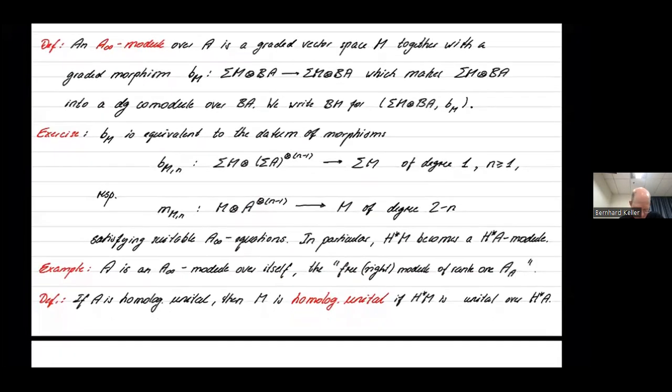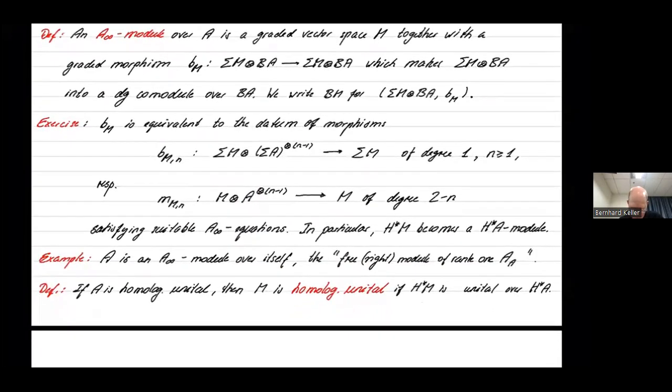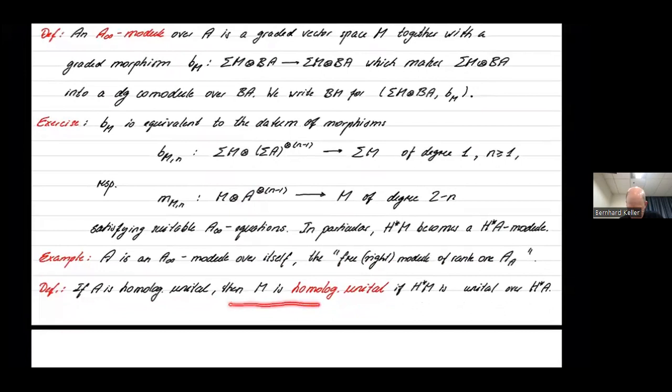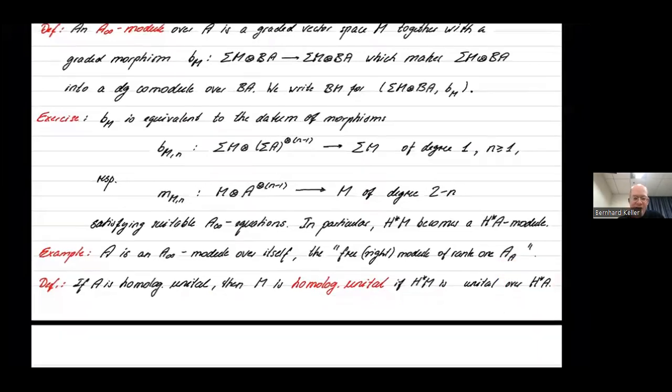And then if A is homologically unital, then we can define M to be homologically unital if its homology is strictly unital over this unital graded algebra.